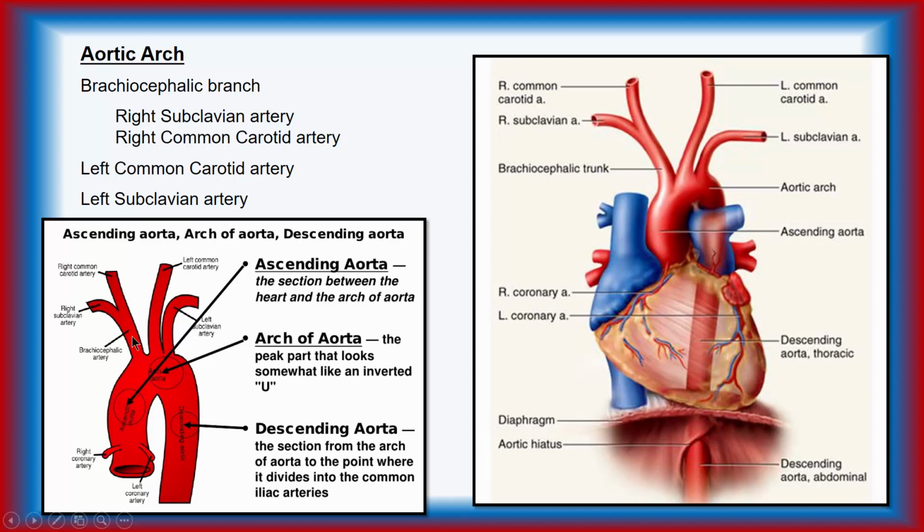So the brachiocephalic go into the arm brachio, and the head cephala branches into the right common carotid to go up to the right side of the neck and head, and the right subclavian to dip underneath the right clavicle. So make sure that you add this part of the aortic arch, the brachiocephalic trunk, left common carotid, and the left subclavian artery, to your study notes so that you also can get the right subclavian and the right common carotid labeled.